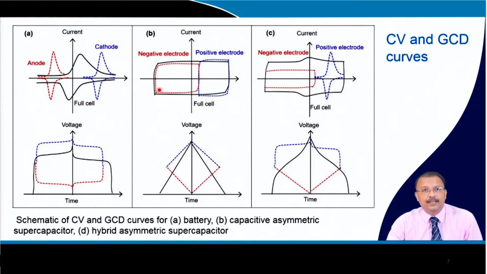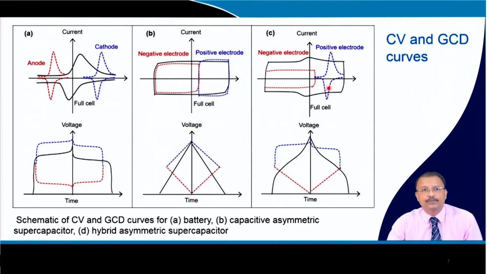Now, in case of a capacitive element which is asymmetric, this is the B part, a capacitive asymmetric supercapacitor. Here also you can get the CV plot and the charge discharge plot, and by characterizing the half cell you can easily get the full cell working potential.